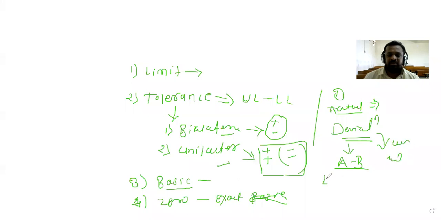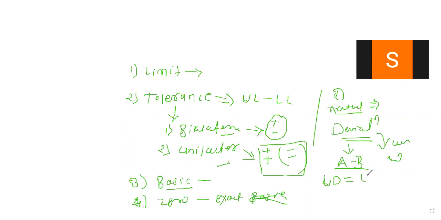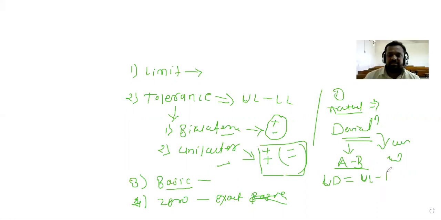Upper deviation is maximum limit minus basic size, meaning upper limit minus basic size, and the lower deviation is equal to lower limit minus the basic size.